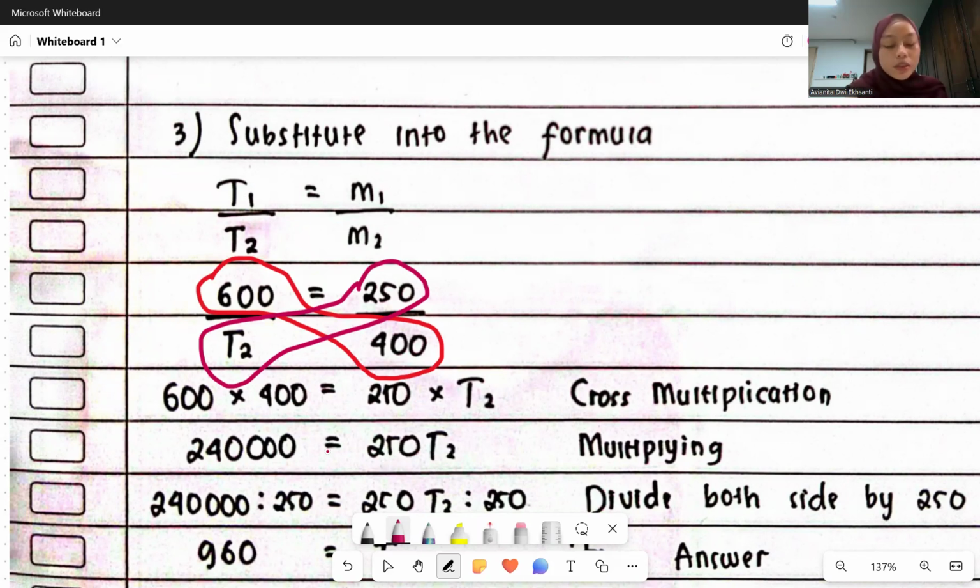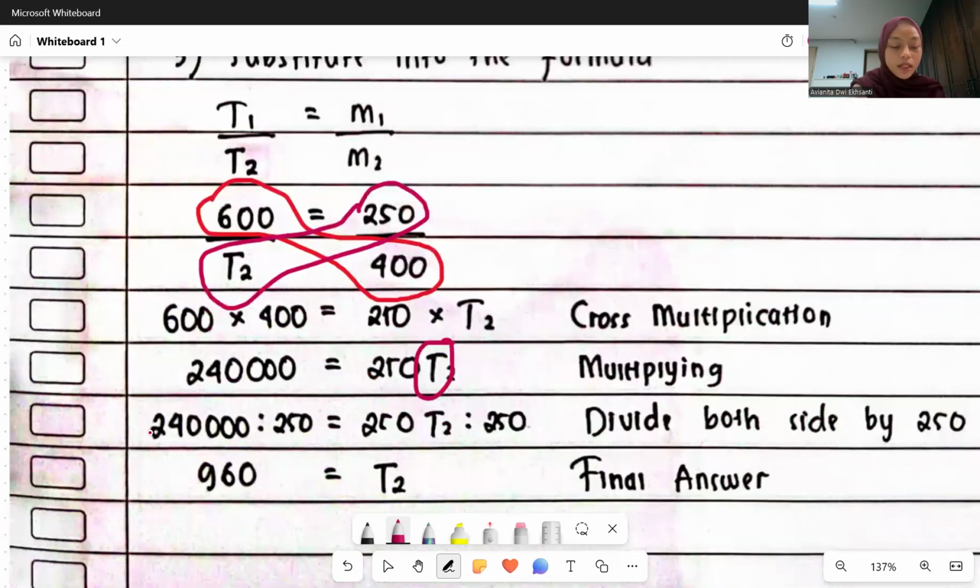Next, we're going to divide both sides by 250 because we want to find T2. So we write 240,000 divided by 250 equals 250 T2 divided by 250.